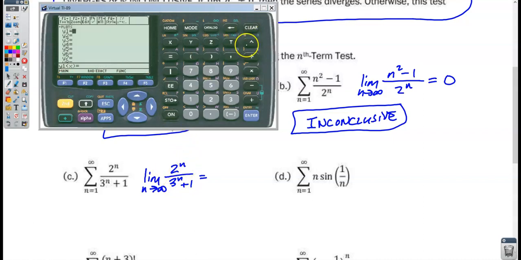We can use L'Hopital's rule. We could try to investigate what's going on with the help of our technology. 3 to the x plus 1, and I could set up my table to ask me values here, and go to my table and put bigger and bigger values in for x.